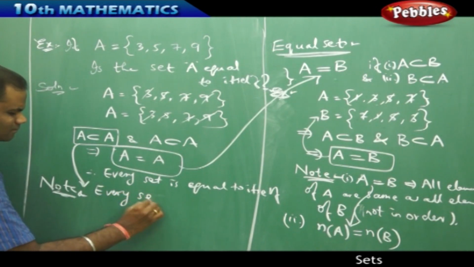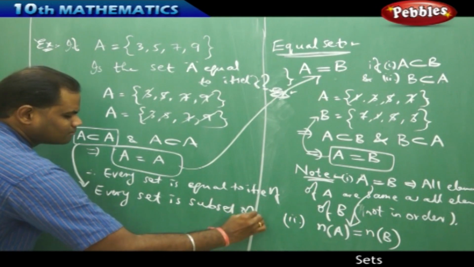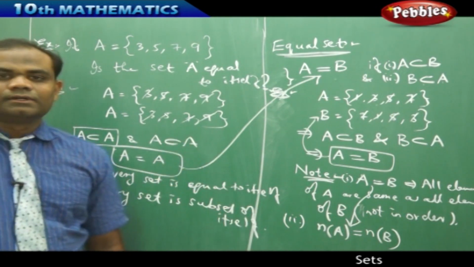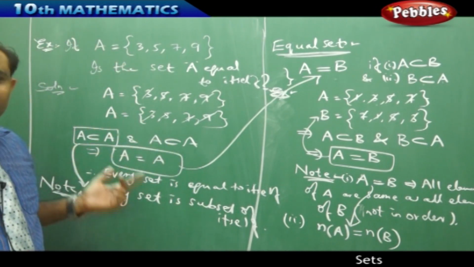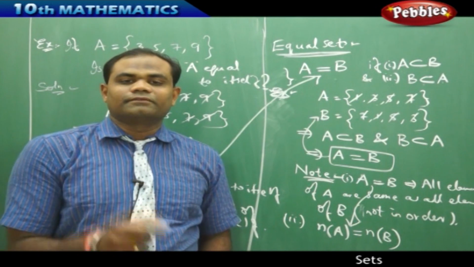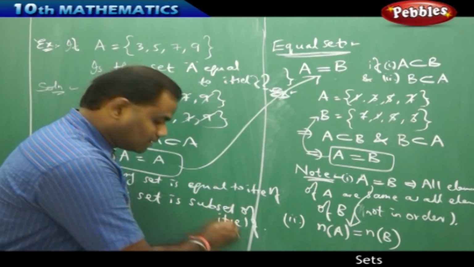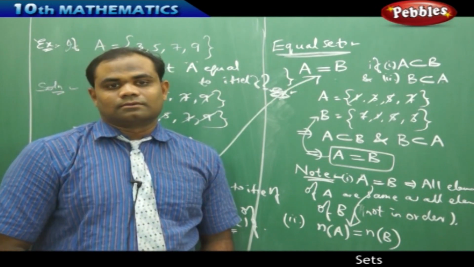Every set is a subset of itself using the property out here. Every set is equal to itself and every set is a subset of itself is how I understand the properties when I consider the set alone.